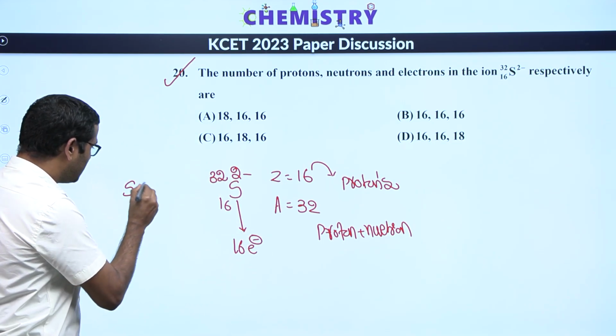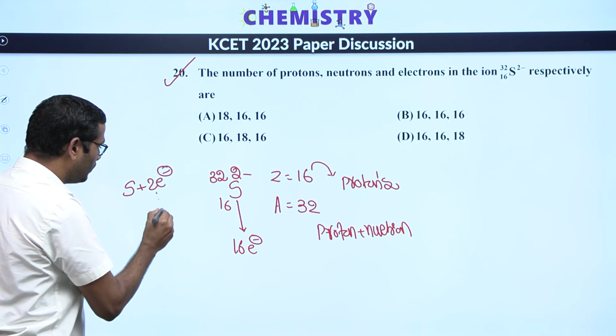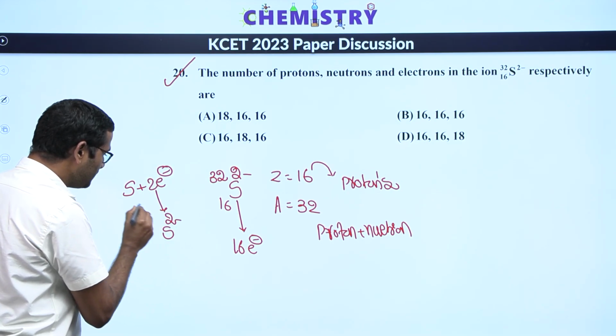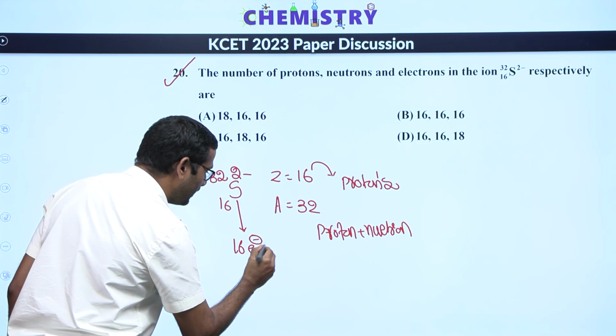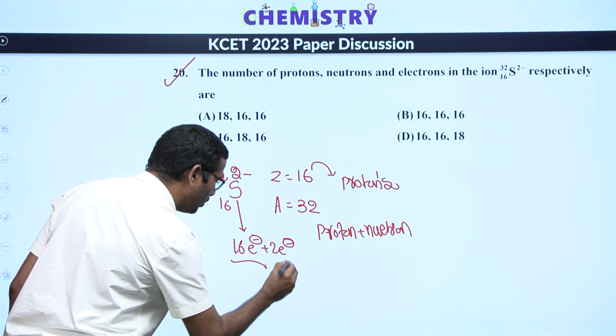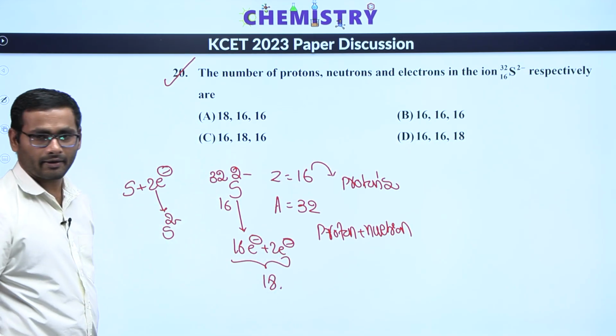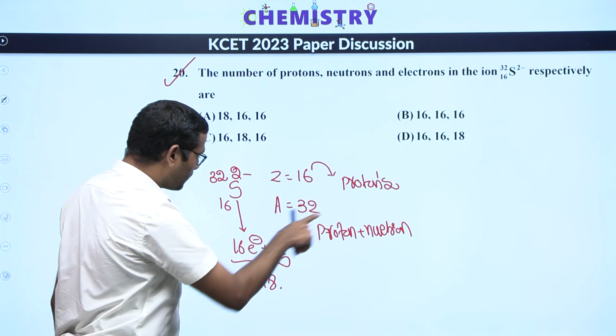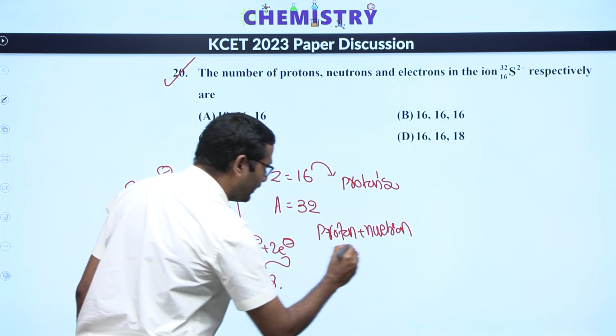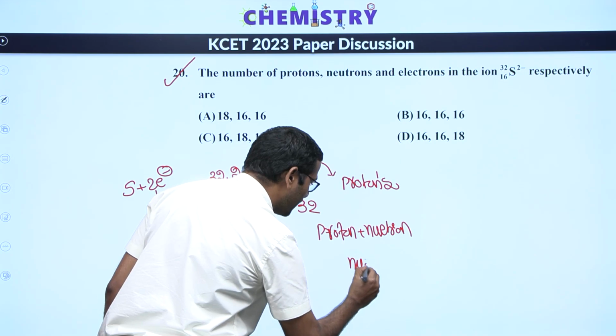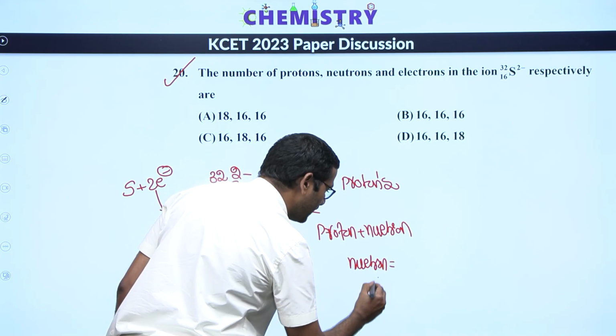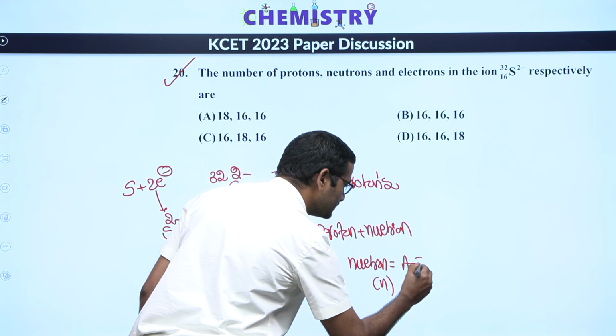The meaning of 2 minus is that it is getting 2 electrons, so 16 plus 2, total 18 electrons are there. So 16 protons, 18 electrons. To get the neutron number, n equals A minus Z, beta.